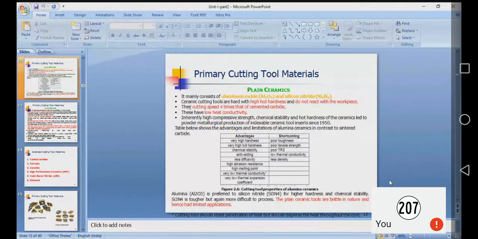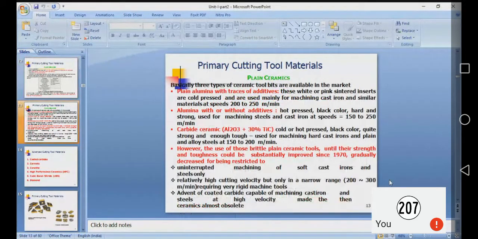The silicon nitride is tougher but again more difficult to process. So the plain ceramics are brittle in nature and hence have limited application. ये brittle in nature होते हैं, इसीलिए इनकी poor toughness होती है, ये एकदम टूट जाते हैं.